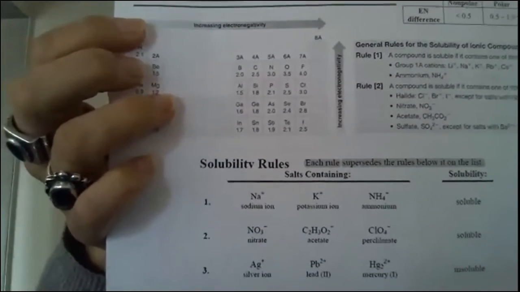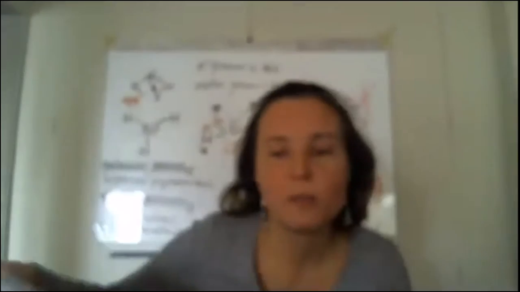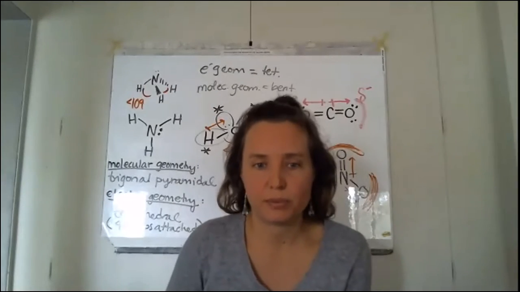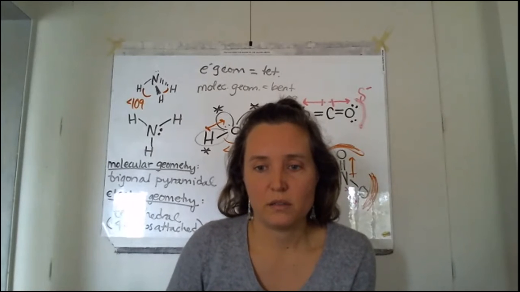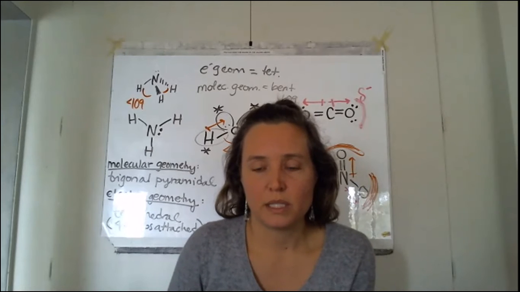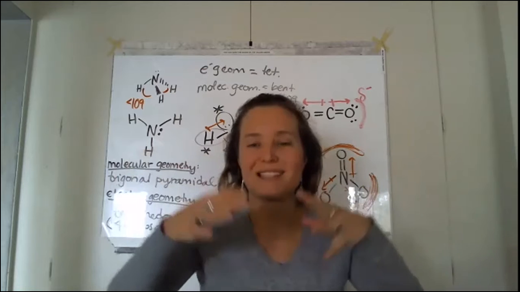So the polarity of the bond, and then the polarity of the molecule depends on the shape. Does that make sense? It all comes together.